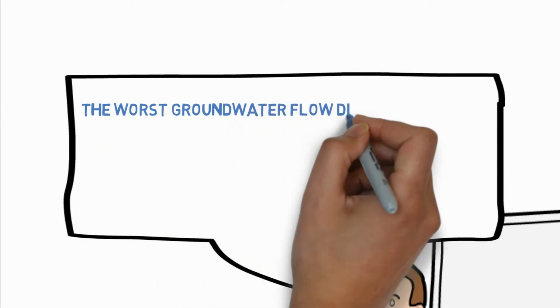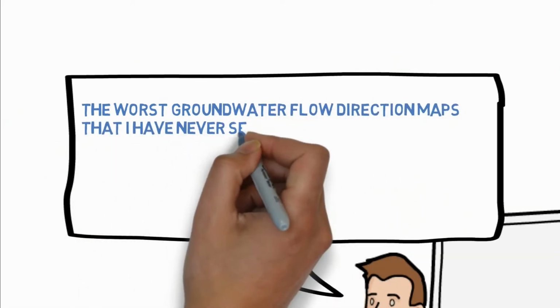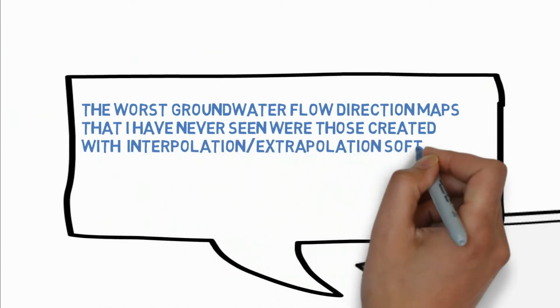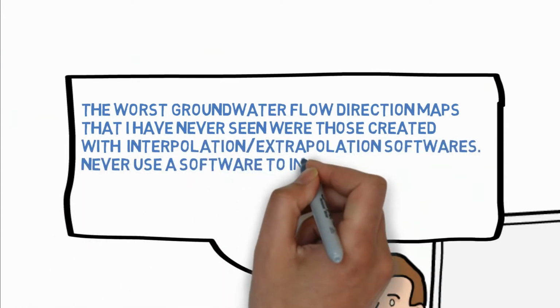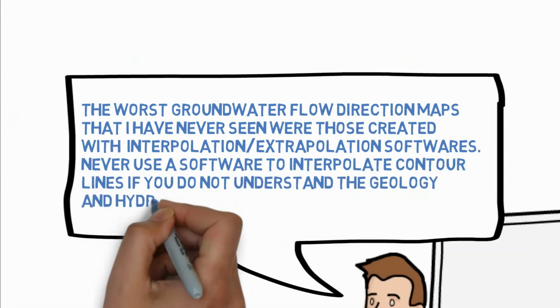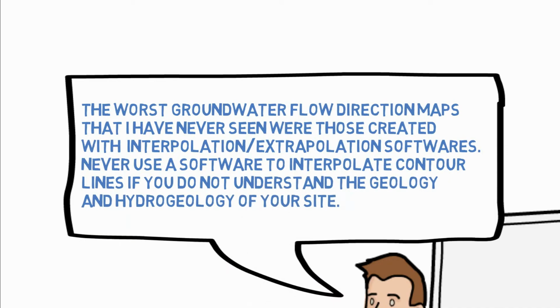The worst groundwater flow direction maps that I have ever seen were those created with interpolation extrapolation software. Never use a software to interpolate contour lines if you do not understand the geology and hydrogeology of your site.